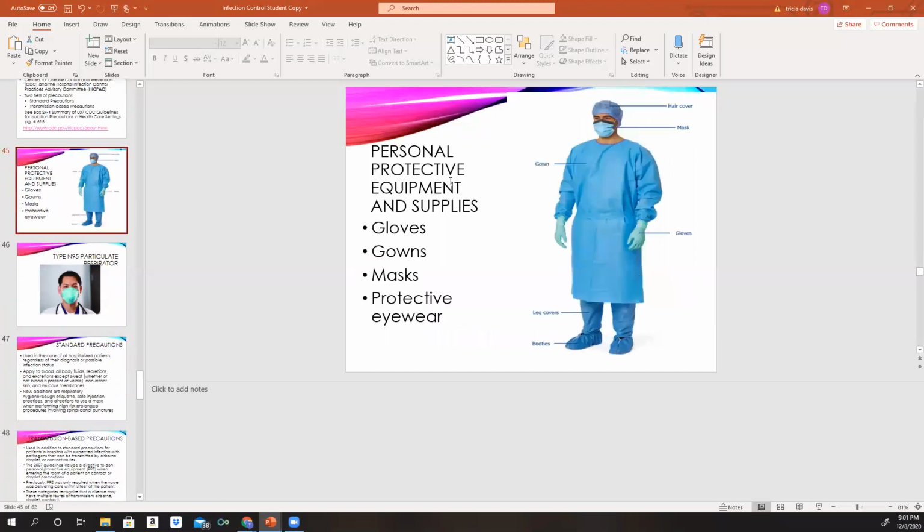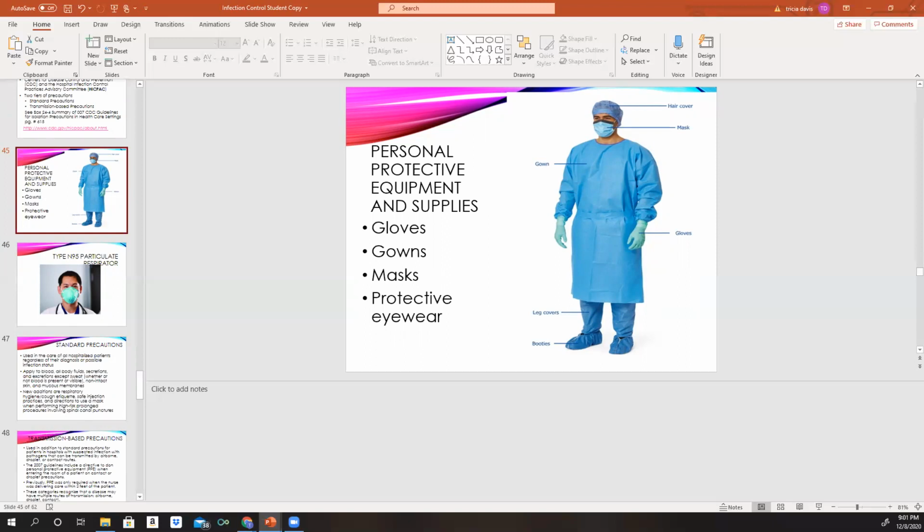So here we have our PPE, right? Personal protective equipment and supplies. According to OSHA, back in 1992, they determined that healthcare facilities must provide employees with the equipment and supplies that are necessary to minimize or prevent exposure to infectious material.